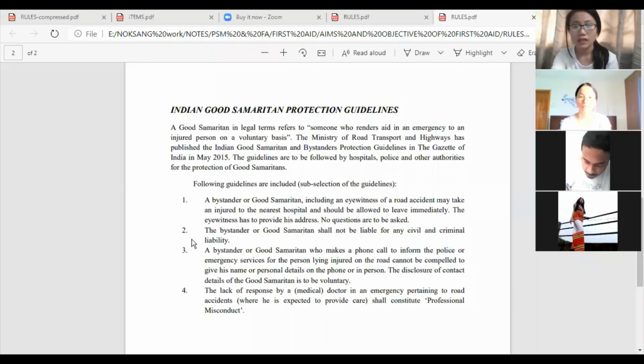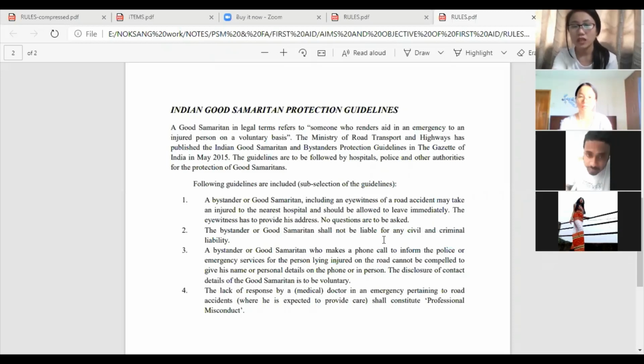Understand? The second point is that the bystander or Good Samaritan should not be liable for any civil or criminal liability. For example, I'm just saying, if the person is wearing a lot of gold jewelry, and the first aider who has helped the person, if any of the person's personal items are lost, then he or she is liable.